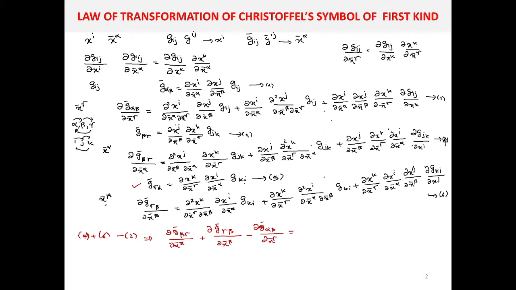So you are subtracting equation number 2 from the sum of equation number 4 and 6. So first we can check whether any terms can be cancelled.